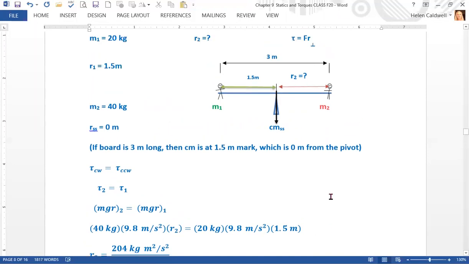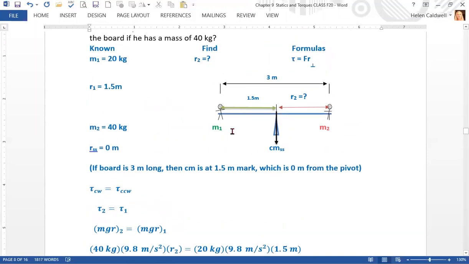And let's see if that makes sense. Child 1 only weighs 20 kilograms. Child 2 weighs twice as much. To keep it balanced, torque is force times lever arm, and the force is the weight. Child 2, if they sat on the end, because the distances would be the same, would exert the larger torque.